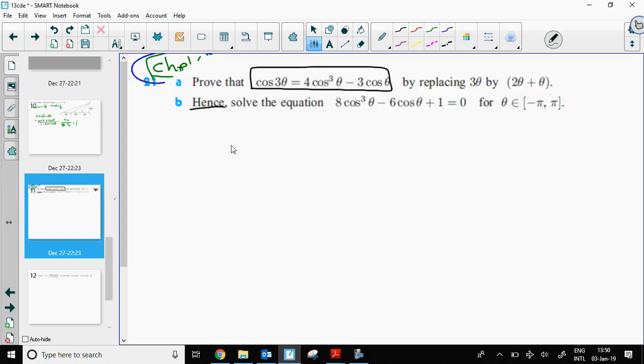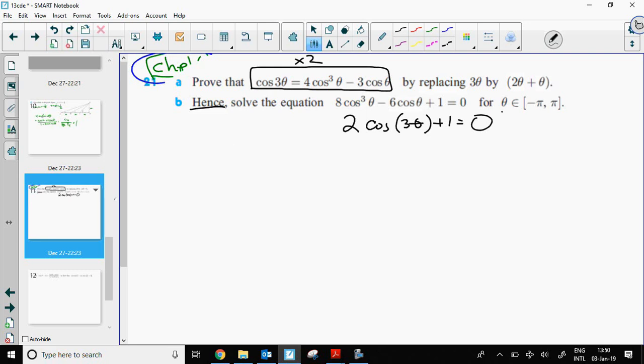Hence, so even if this were an exam, even if you had no idea how to do that first part, you can still do the second part because we're going to use that information. And right away, notice that if we multiply both sides of this by 2, then on the right we get 8 cosine cubed minus 3 cosine, and on the left we're just going to get 2 cosine of 3 theta plus 1. That should be equal to 0.